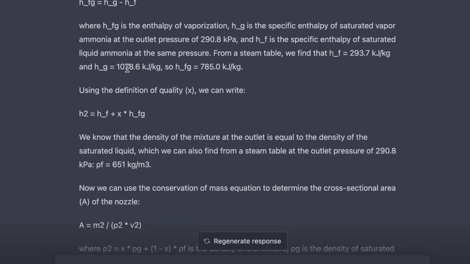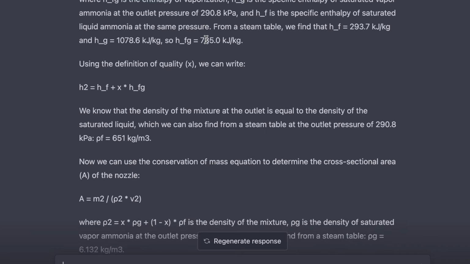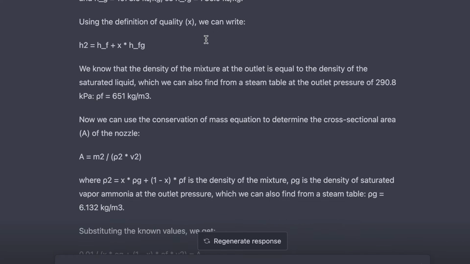So I'm not sure what's going on here, but it's completely different from the steam tables we've been using. It says ammonia here, so I'm really not sure how it's getting these values. But anyways, here it's completely off.